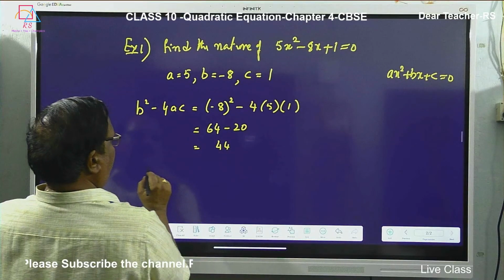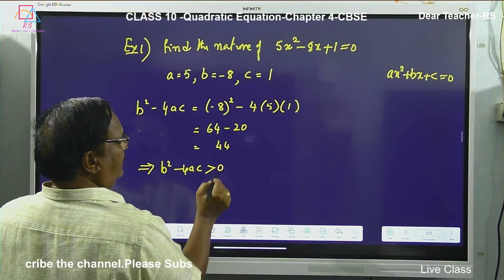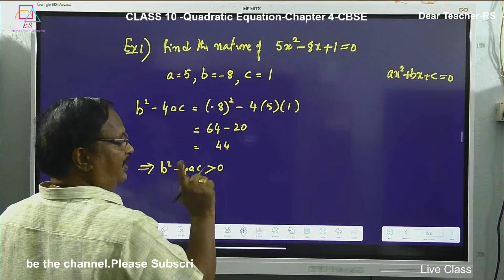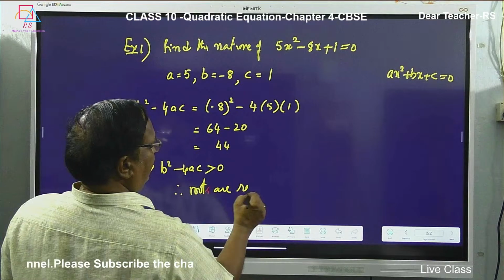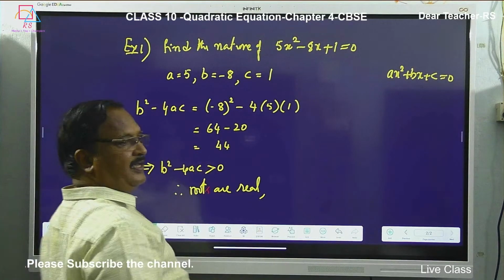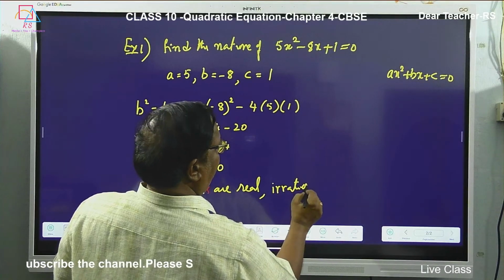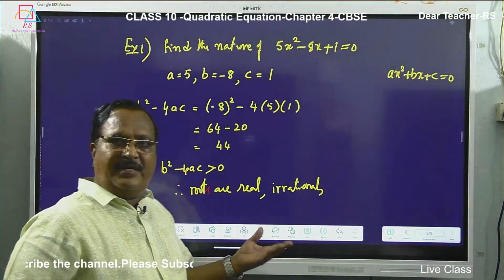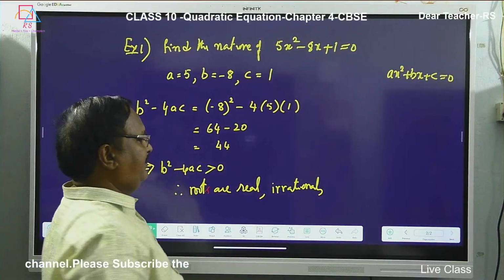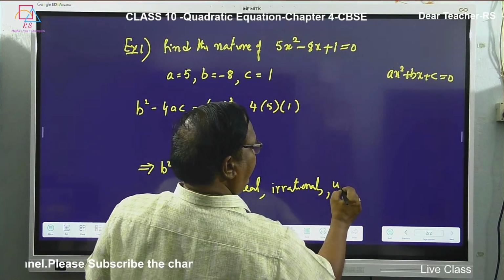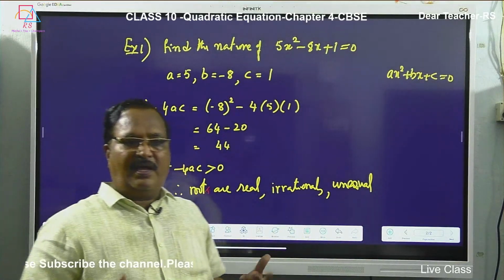That implies b square minus 4ac is greater than 0, not equal to 0, therefore roots are real. You don't need to write irrational, but I am writing because 44 is not a perfect square. Irrational and unequal, because it is not 0, unequal.